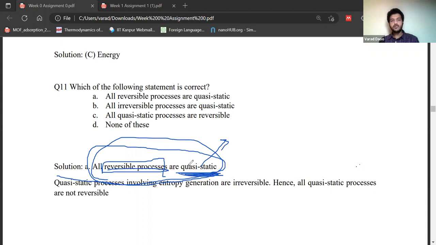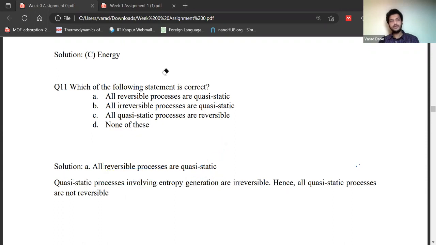However, all quasi-static processes are not reversible. That means we can have a quasi-static process that is an extremely slow process, but it can be irreversible as well. So all reversible processes are quasi-static processes. However, the converse is not true.